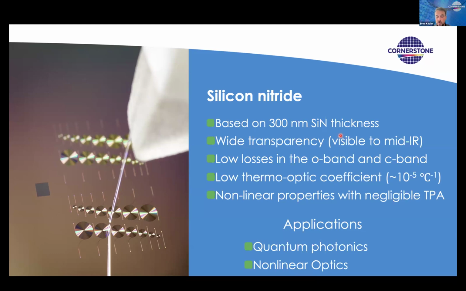If you hear people working in the quantum field, they really need low loss waveguides, which silicon nitride can facilitate. And the thermo-optic coefficient is more or less 10 times lower than silicon itself. So it makes the devices in the silicon nitride platform more robust to the thermal fluctuations around the chip and devices.